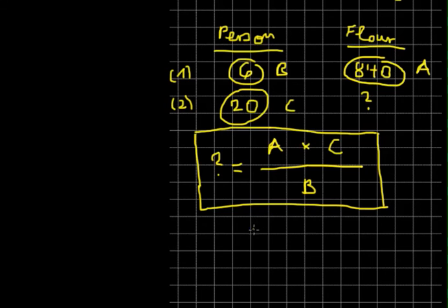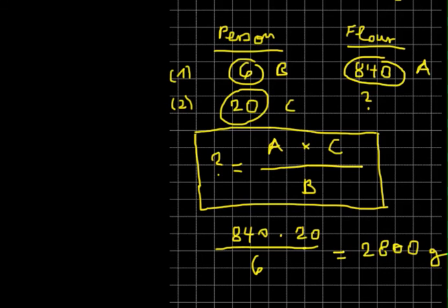If you do that and you apply this formula, then you get 840 divided by 6 times 20. You put that in a calculator and you receive 2,800 grams in a very easy manner.